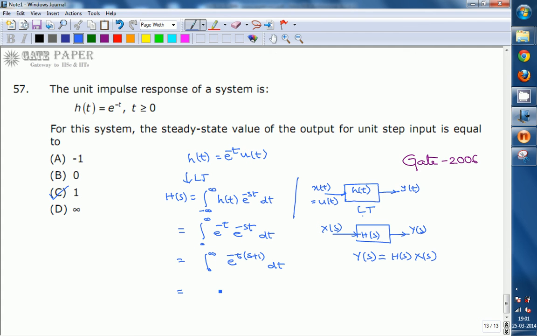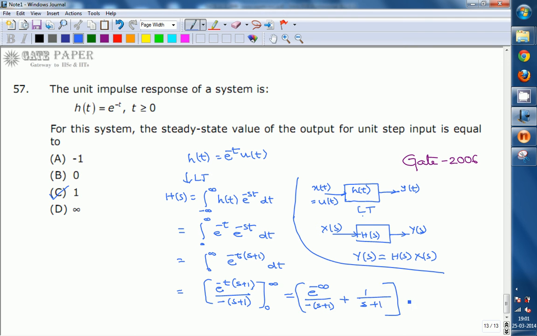Then applying the integration, this becomes e power minus t of s plus 1 divided by minus of s plus 1 over the limit 0 to infinity. By substituting the limits here, we will get e power minus infinity by minus of s plus 1, minus e power 0, which is 1, divided by minus of s plus 1. The minus signs get cancelled and it becomes plus 1 by s plus 1.